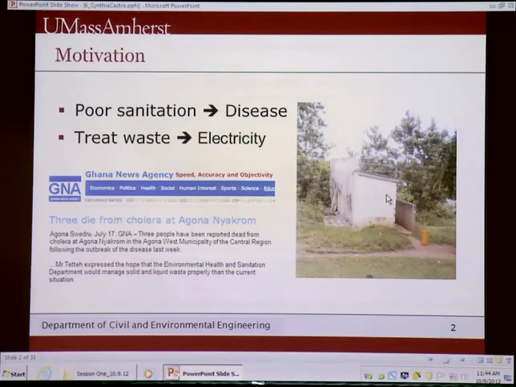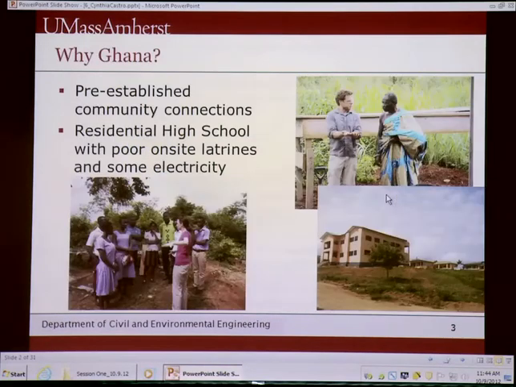And so if we can use that MFC to treat that waste, we can provide clean water back into the environment and also produce an incentive for the developing world, which would be the electricity that we can produce using this MFC. And in the area where we put in our system, Agona Niacrom, there were already 3 cases of cholera. So by improving sanitation, we're trying to diminish disease as well.